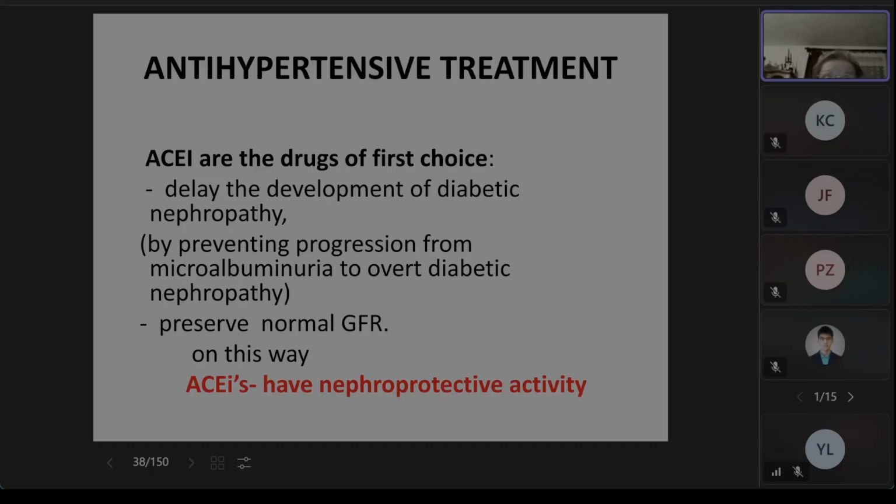But please remember that ACE inhibitors delay the development of diabetic nephropathy because they can reduce albuminuria as well as overt proteinuria. They preserve in this way the GFR level, and in this way ACE inhibitors as well as sartans have nephroprotective activity.